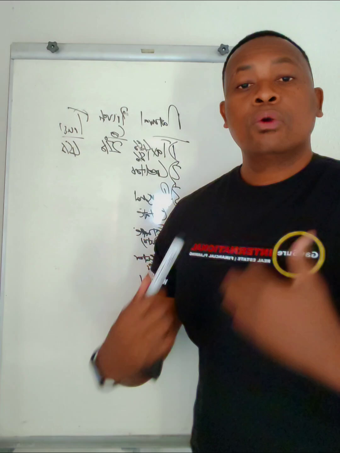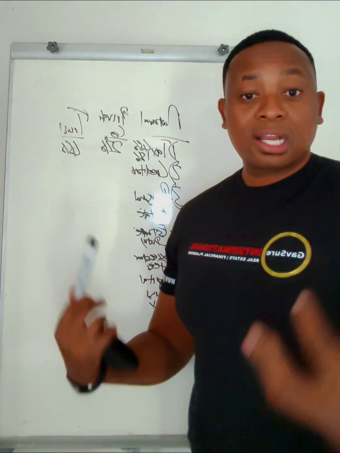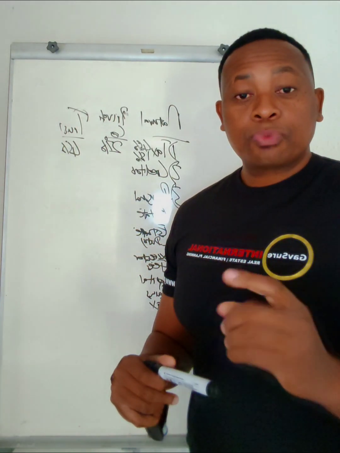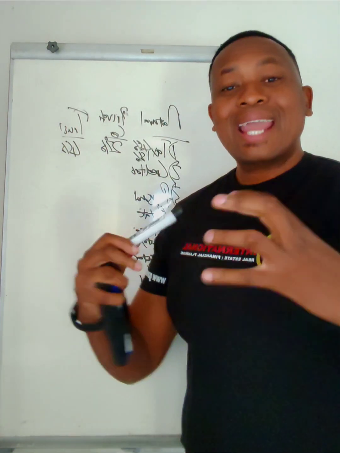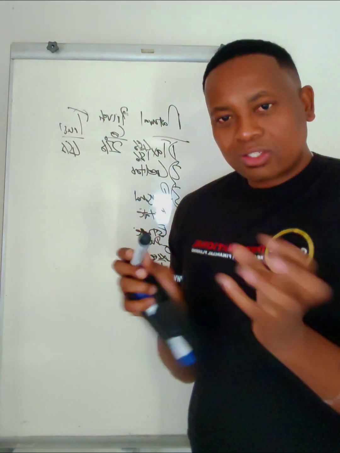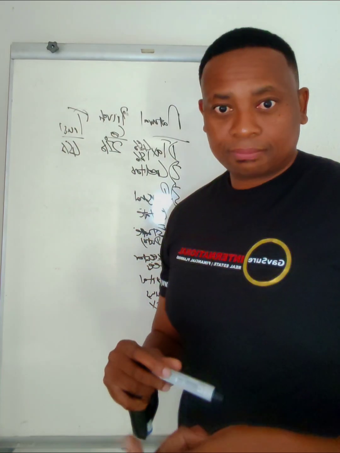So in South Africa, SARS, which is our revenue service, charges us 20% on anything that is above 3.5 million. So let's say my assets in the estate are more than 3.5 million.